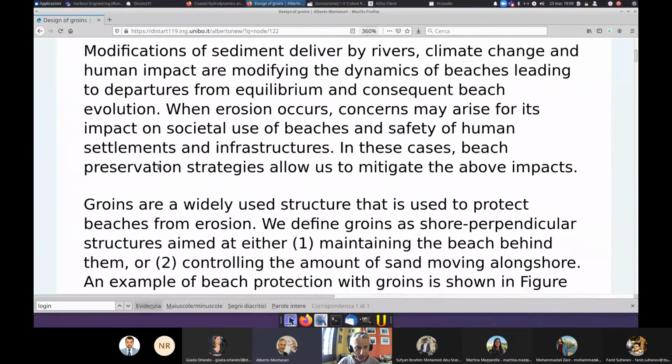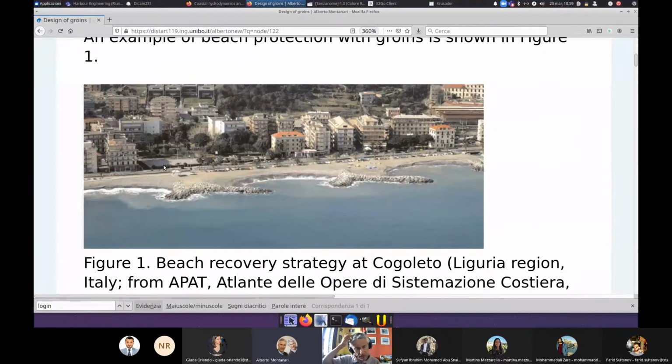So let me say once again, by looking at this figure, where you see another example of a groin with a particular shape that was conceived in this way in order to offer a protection against 2 directions, which are probably identified by looking at the dominant wave direction, and which may be characterized by 2 main directions.